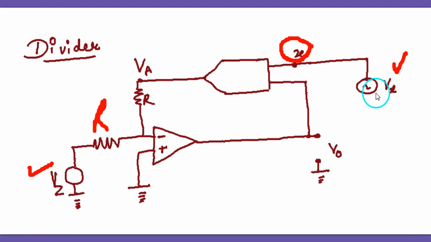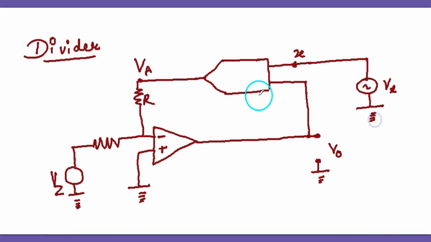So two inputs, Vx and Vz, and we have to divide the two. Because this point is at virtual ground, the op amp never draws any current itself, so the current will take this path. If we call some current here and some current here, then the two currents will be equal.